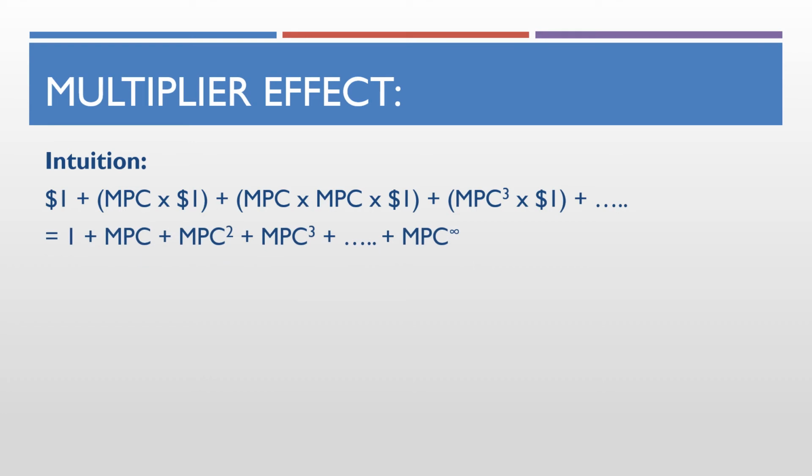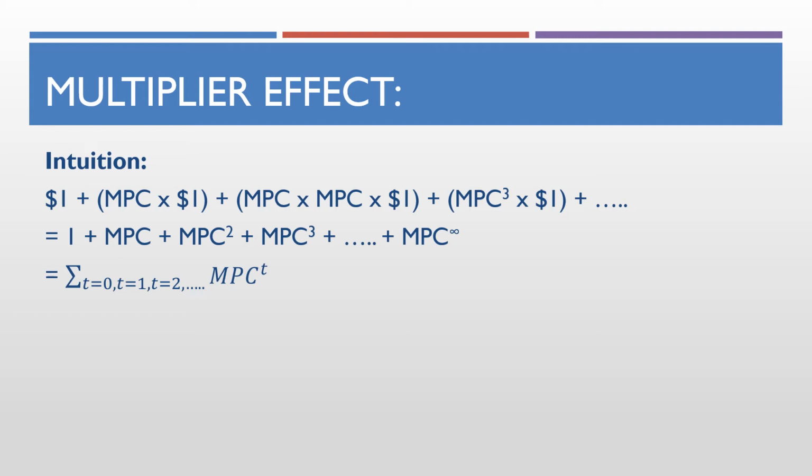Every time someone spends this additional amount in the economy to buy goods and services, the economy will have to produce that amount of goods and services. At the end, we can find the sum of all this spending. So what would be the final value?